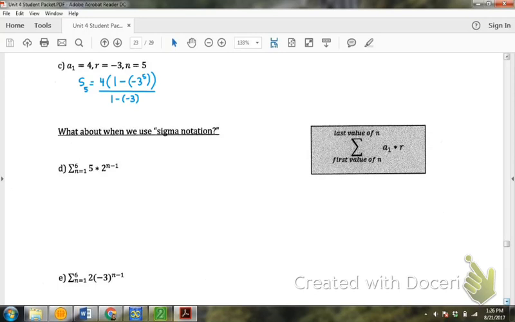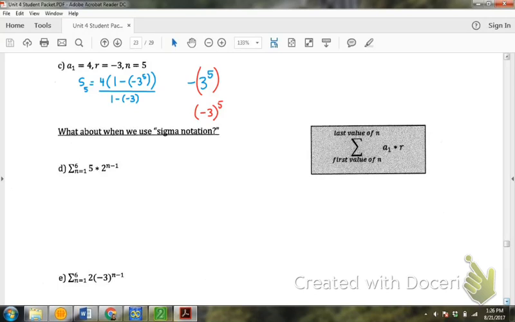Now, when you use your calculator, it's going to always apply the negative after it does this. But in our calculator, we want to do parentheses negative 3, close your parentheses, to the 5th. So you all have parentheses on your calculators.